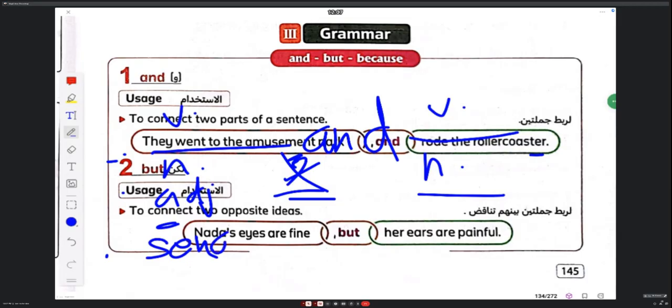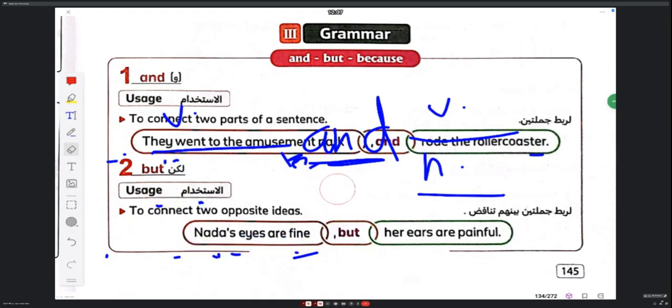So it can join two sentences. It gives us the meaning of addition, when we want to add some more information or some more things. We use and.